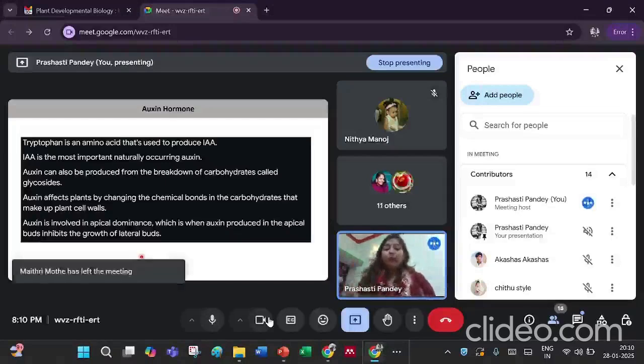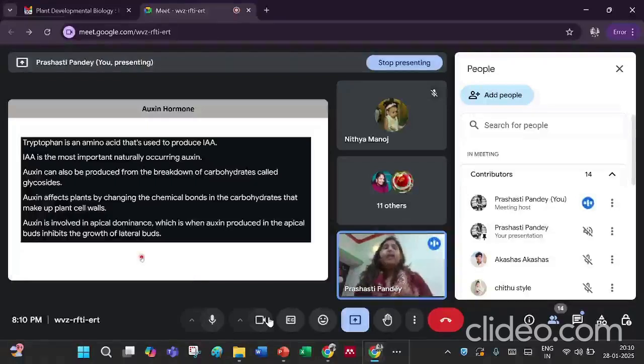If the apical meristem stops working, there are chances that the roots will not grow. This entire regulation of either apical growth or lateral growth happens because of a very tightly regulated hormonal mechanism.